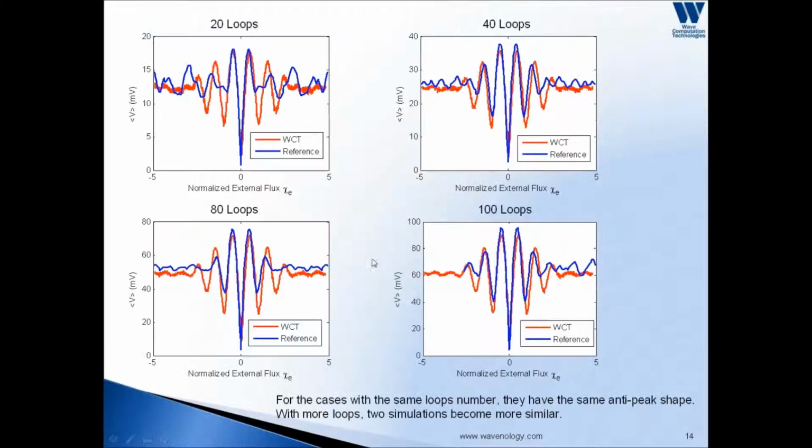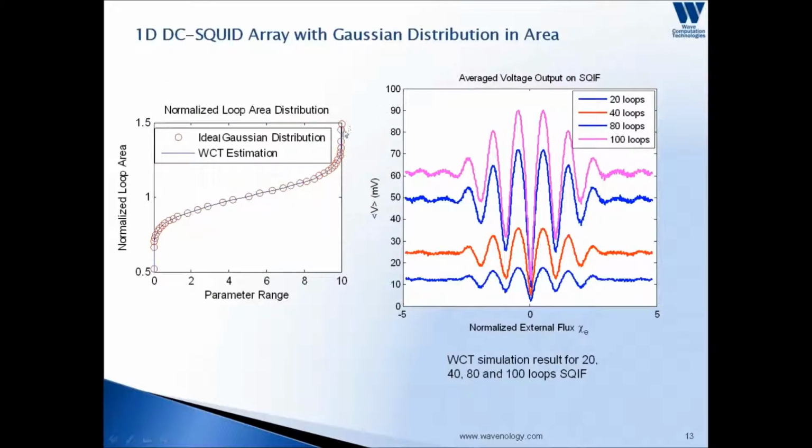And we compare this against the reference data. You can see that the major peaks are quite similar. However, it's a little bit off when it's reaching the low level. This is because during manufacturing, your Josephson junctions are not identical, so you need to add a random factor to this curve.